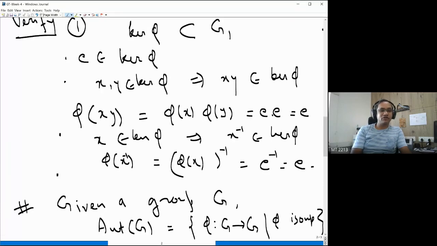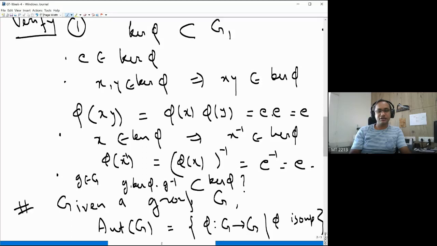And now we need to check it's a normal subgroup, right? To check it's a normal subgroup, you have to take g in G, and then you have to look at g kernel of phi g inverse. And we have to say that this is contained in the kernel of phi.